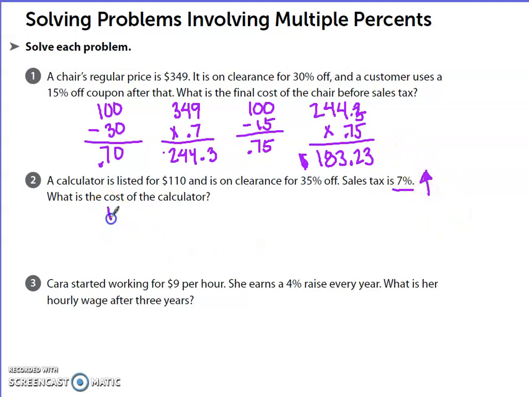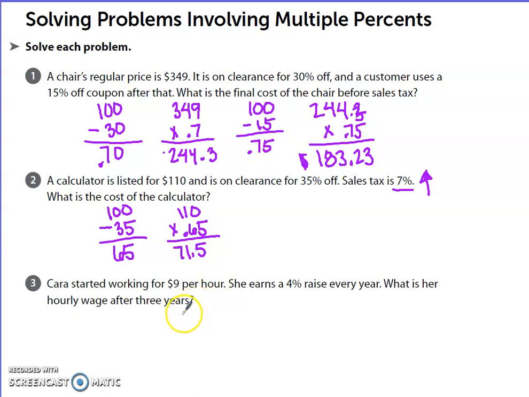So start with 100% of the calculator. It's 35% off, so we're going to subtract 35% and you'll get 65%. Today you're going to pay 65% of that total price. So the calculator costs $110. You're going to multiply it by 0.65 and you'll get $71.5.